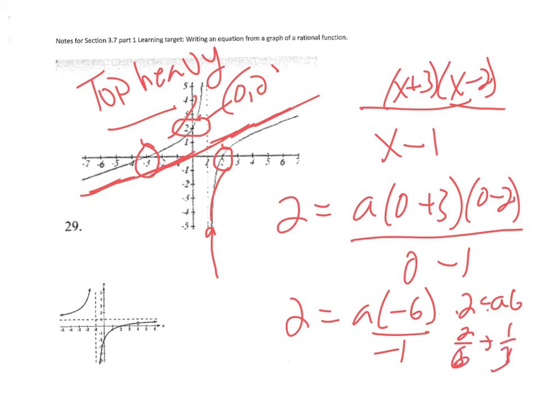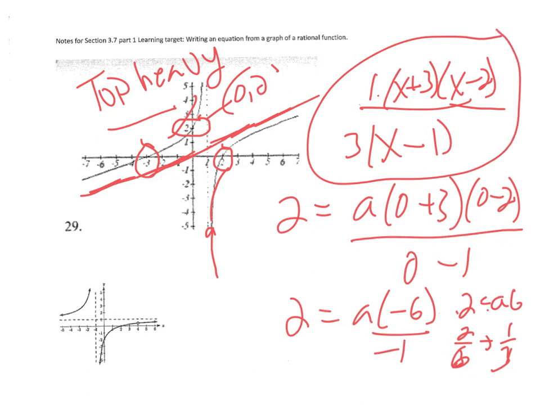So I could write 1/3 on top like this. Well, I could write it like that, but that's a little awkward. So when you have a fractional function and you've got a fractional leading coefficient, just write 1 on top, slap parentheses around that bottom, and we don't have to do anything else.